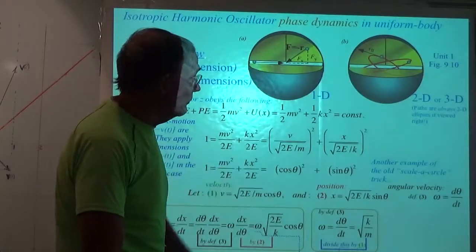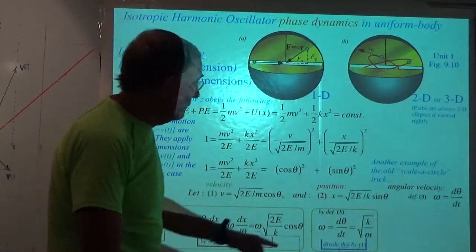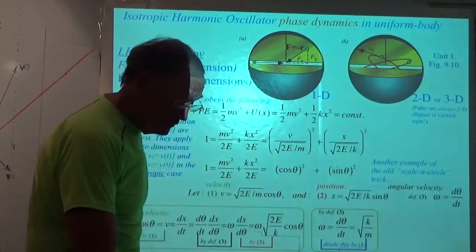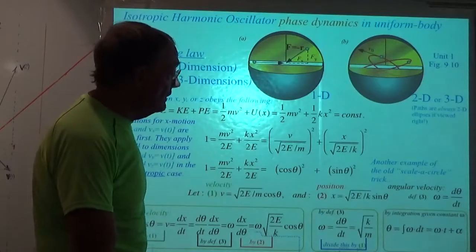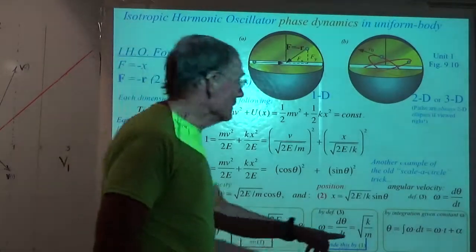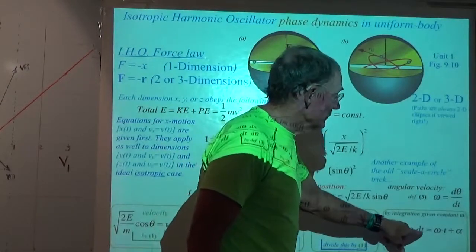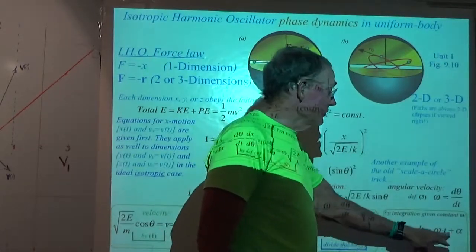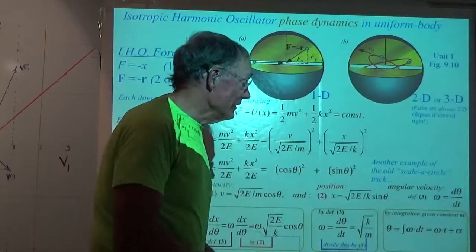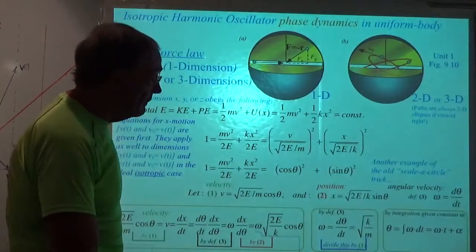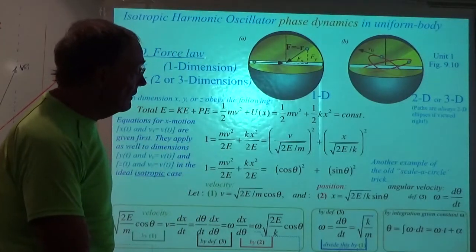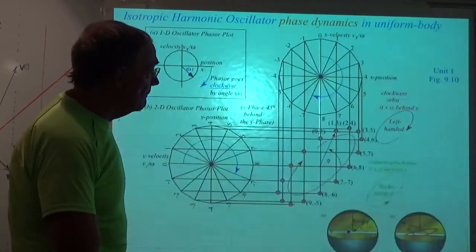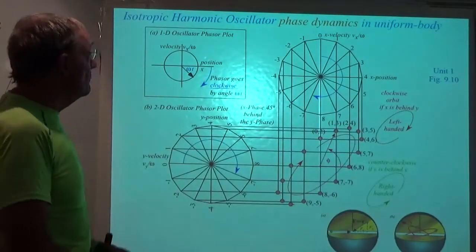That is, they're all going to be matched by this equation right here, this constant derivative, angular velocity. This theta, the integral of omega dt, for a constant omega is simply omega times t, plus whatever initial phase angle you have. So that's the basic idea of any one-dimensional oscillator.